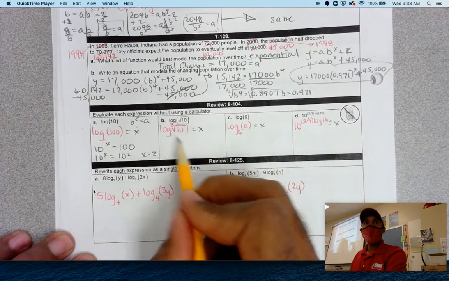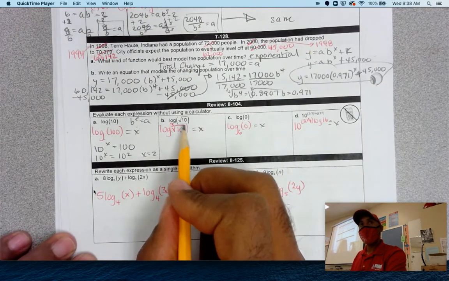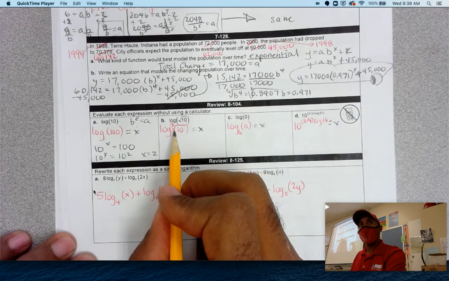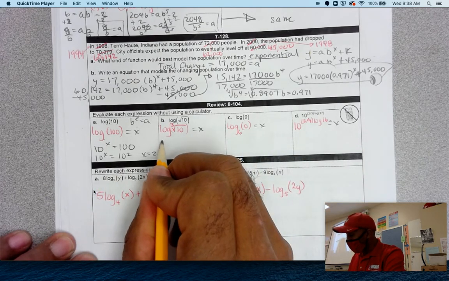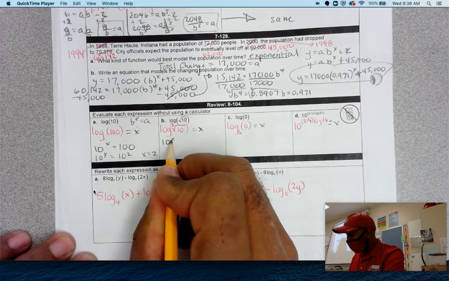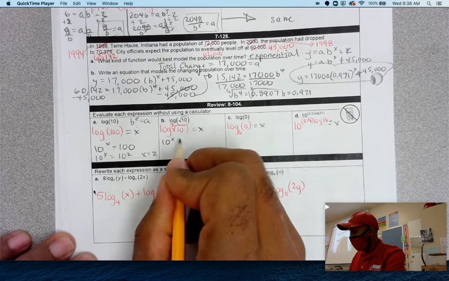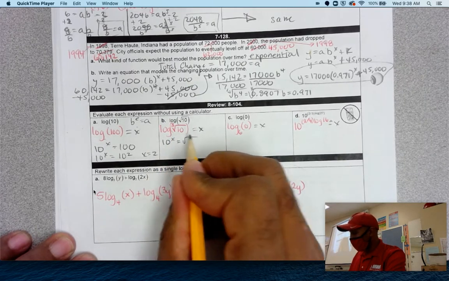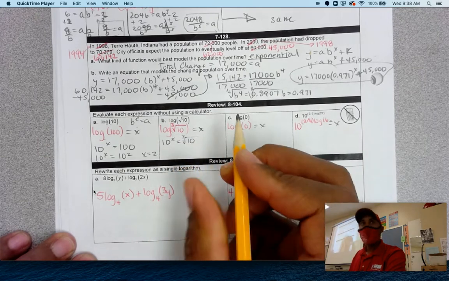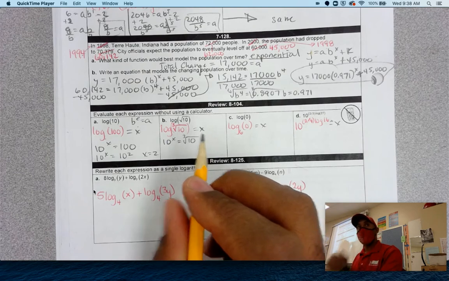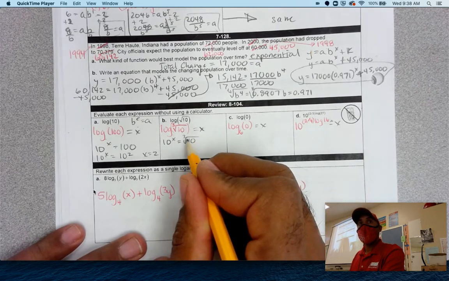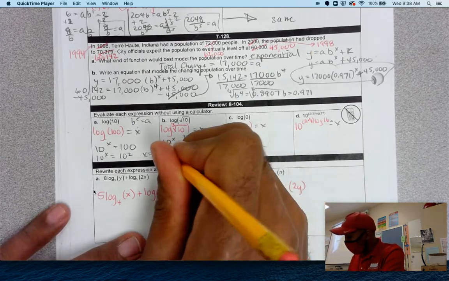Same thing here, except inside the parentheses this is a third root of 10. Again, I'm going to do the same thing. So 10 to the x, because that's the base, equals the third root of 10. Now I'm going to use the rational exponents method to change this back into exponential as well.